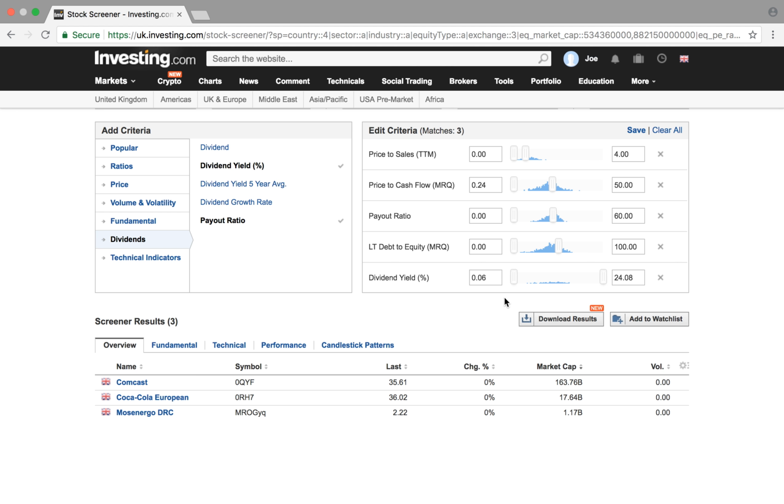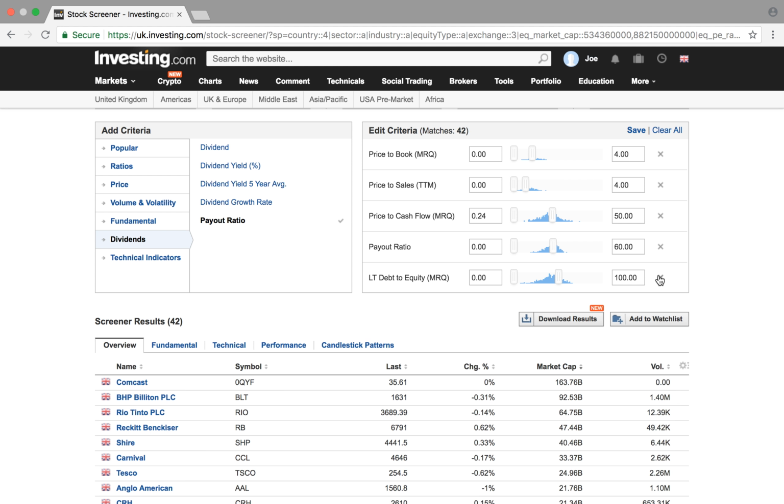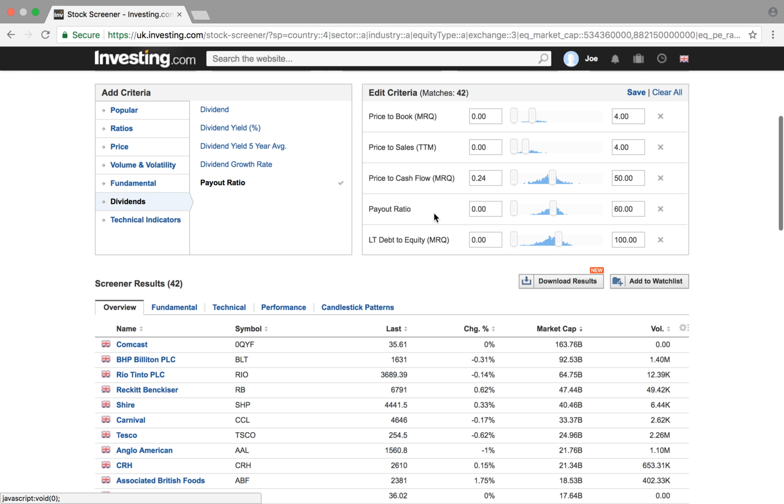So usually it's between 0 and sort of 10%. But as soon as we click this one, all of our companies just go. So even from 0.06 to 25, our companies have just gone from our screener. So I just don't think that one is working properly. So we're going to use payout ratio instead, from 0 to 60.